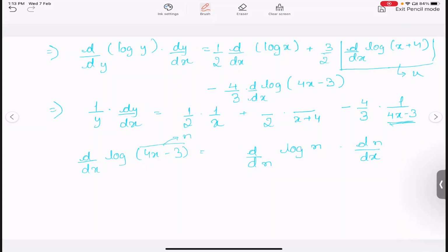So if we do the derivative, this will be 1 by n times dn by dx, which will be equal to d by dx of 4x minus d by dx of 3. That will be equal to 4 minus 0. So we have here 4.